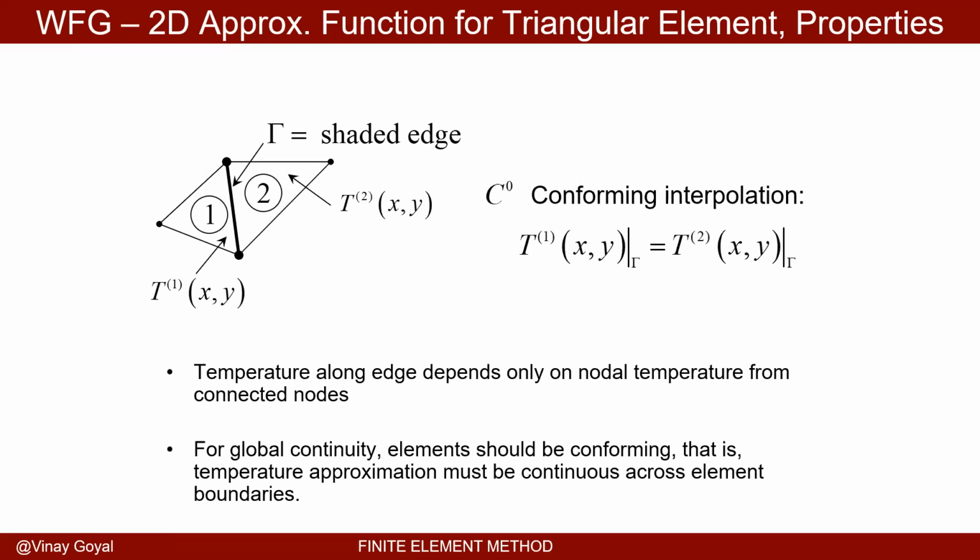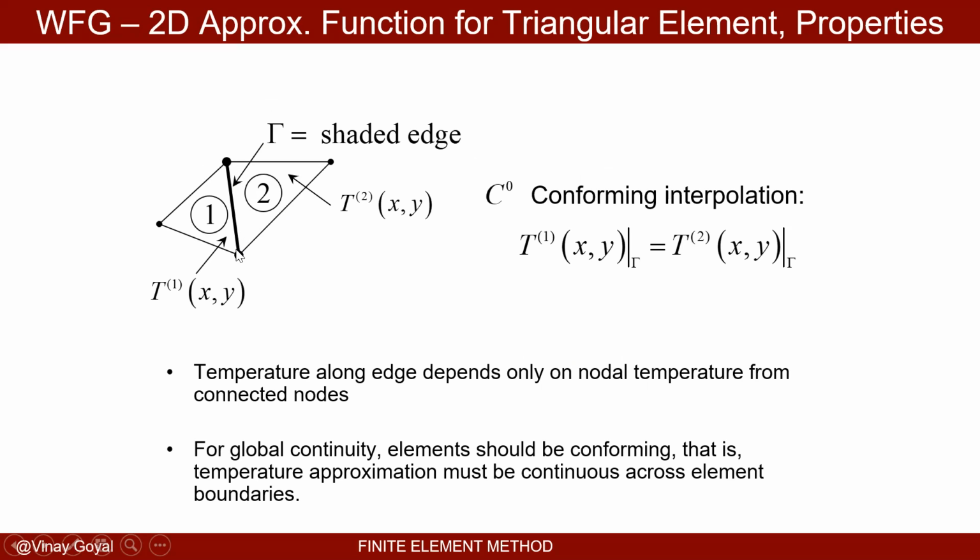The second thing that I want to point out is that we have a conforming interpolation, meaning if I have two elements, they share an edge. And at this edge, I expect a conforming interpolation, meaning the interpolation functions going across this element boundary are the same for either side. The temperature along the edge only depends on the nodal values here and here.